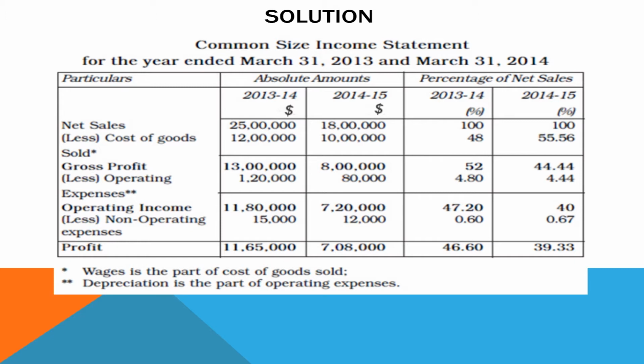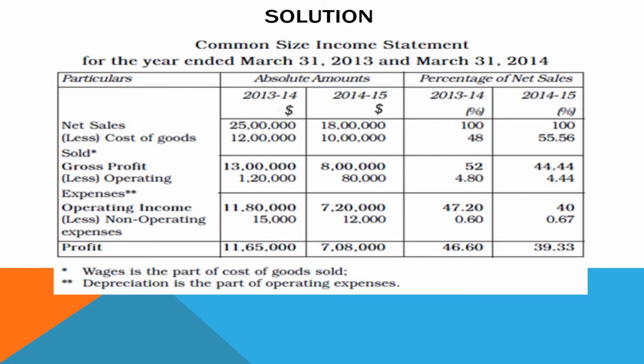Now what we get is gross profit, which is equal to 13 lakh and 8 lakh. Now the percentages will be 13 lakh divided by 25 lakh and 8 lakh divided by 18 lakh, which becomes 52% and 44.44%. Now we are supposed to subtract operating expenses. Now operating expenses are 1,20,000 and 80,000.